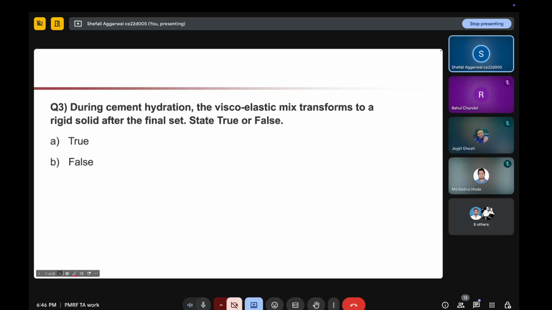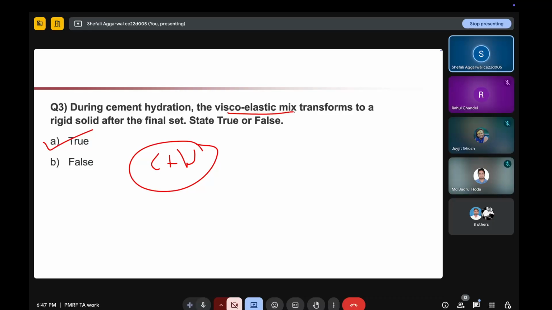During cement hydration, the viscoelastic mix transforms to a rigid solid after the final set. Is it a true or false statement? Correct. So what is happening in cement hydration? We have cement plus water. So this mix is actually a viscoelastic mix.